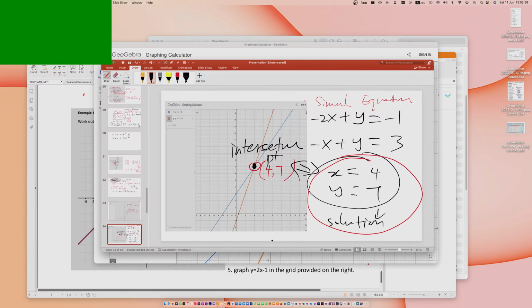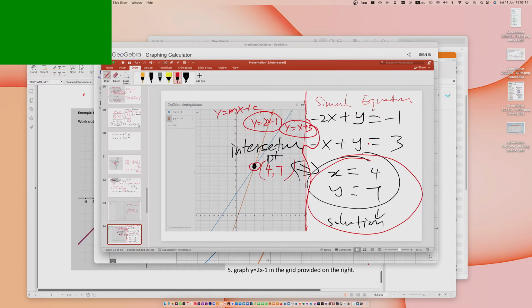But I want you to also note that this is your y equals 2x minus 1. This is your y equals x plus 3. On the graph, you have to write in this y equals mx plus c format. In the simultaneous equation, you need to write in this format, because it's in order for us to solve by the calculator.